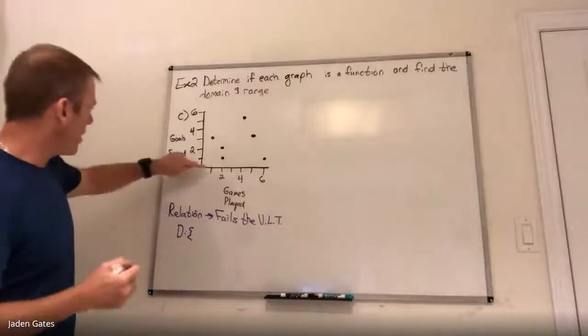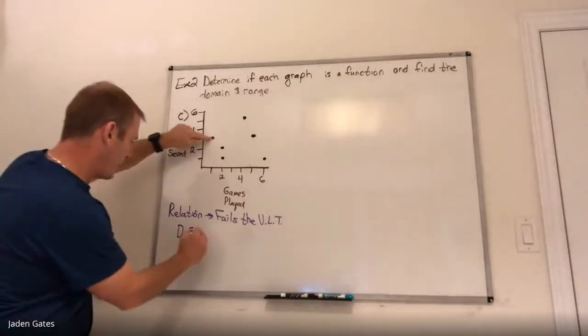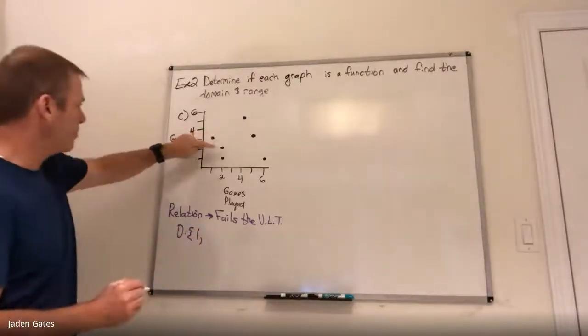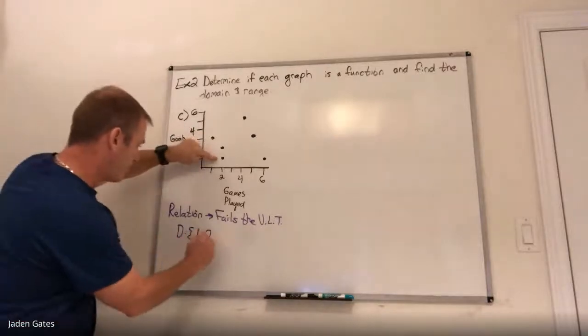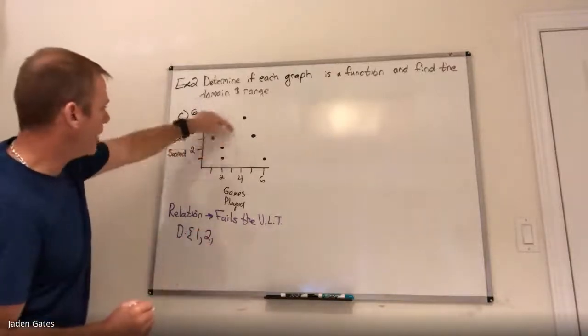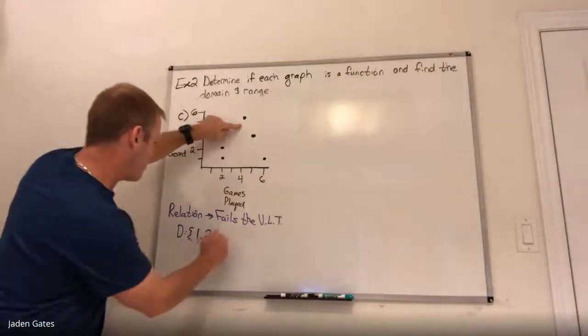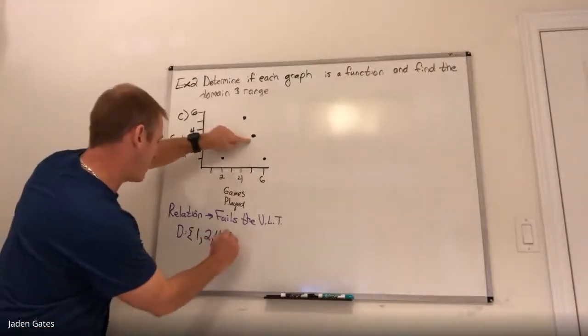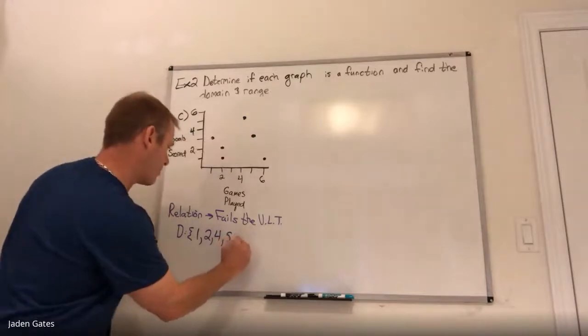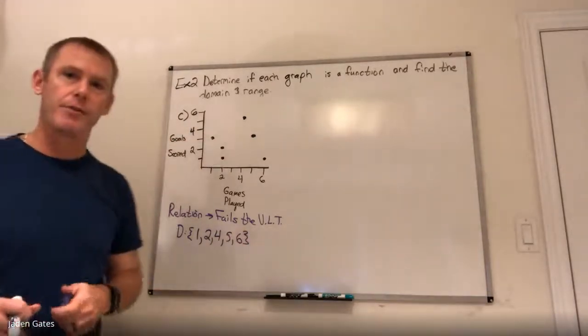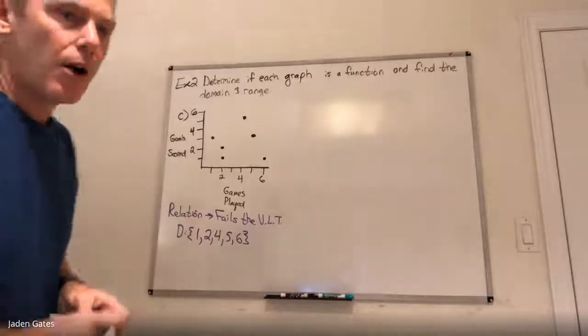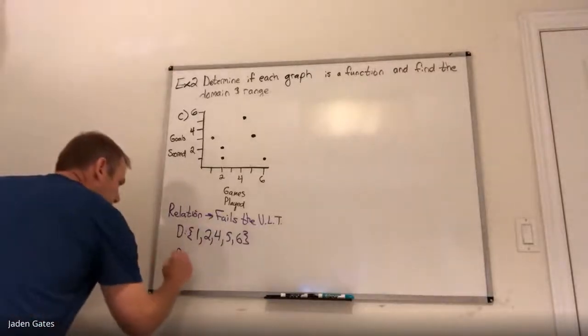So if I look at my graph, yep, somebody did play 1 game. So there's one possibility. 2 people played 2 games. Nobody played 3 games. So I'm going to leave that out. Somebody played 4 games. Somebody played 5 games. And somebody played 6 games. There's our possible X values. All right. Now, the range.